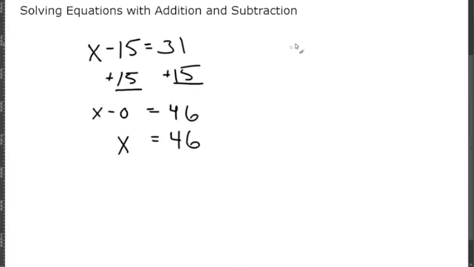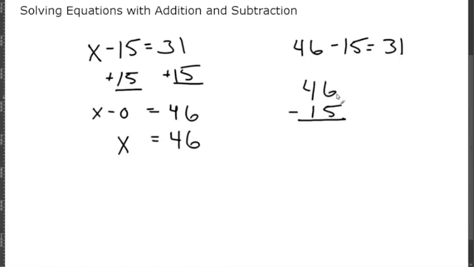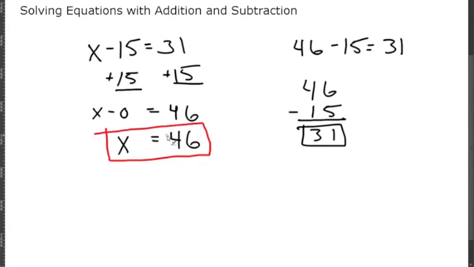Does 46 minus 15 equal 31? 46 minus 15, 6 minus 5 is 1, 4 minus 1 is 3. So yes, when x is 46, our answer would be 31. So x equals 46 is the solution to our problem.